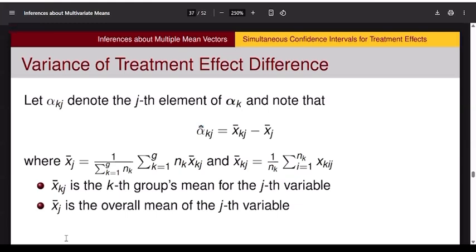Don't forget, we got so many dependent variables. We may want to look at the overall mean of a particular dependent variable, and we may also look at the kth group mean for the jth variable.